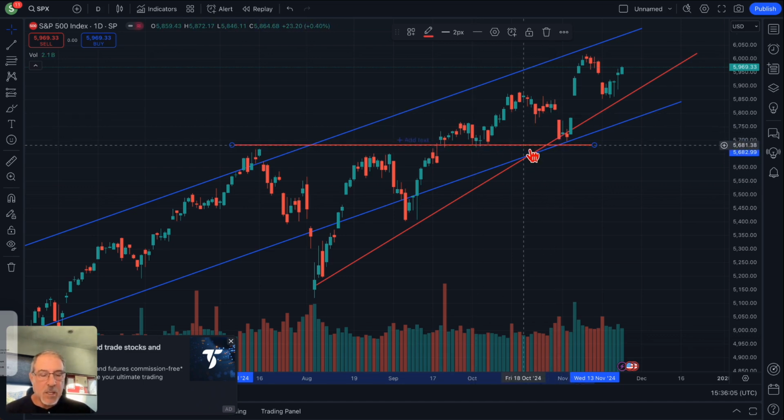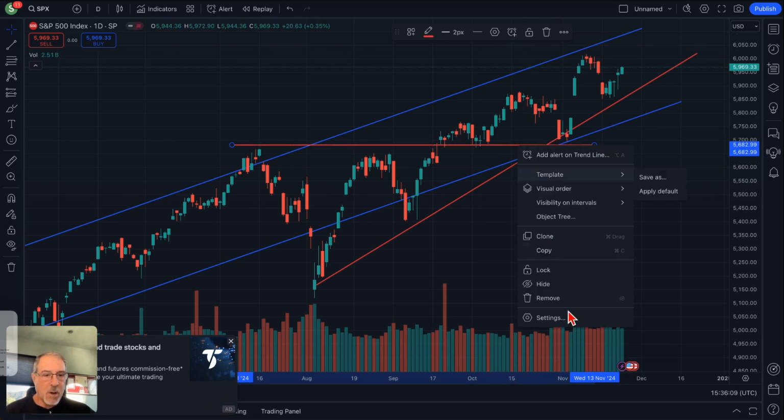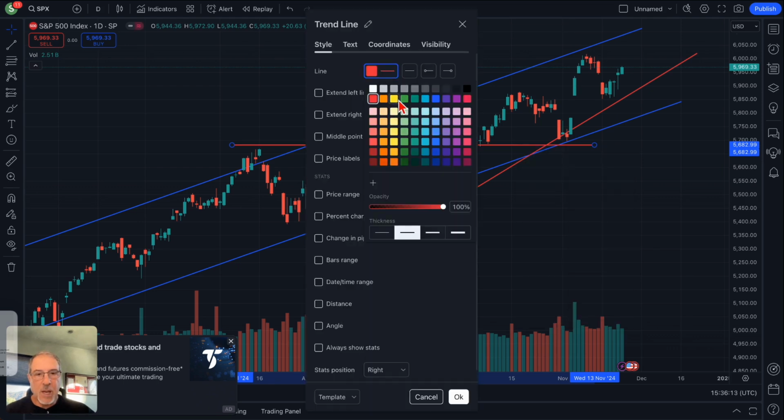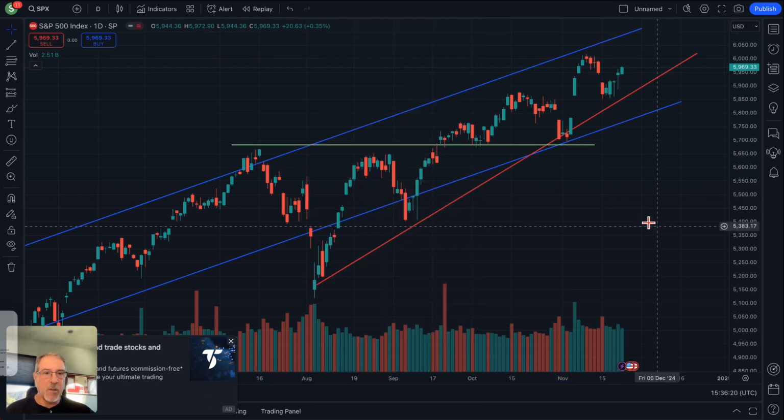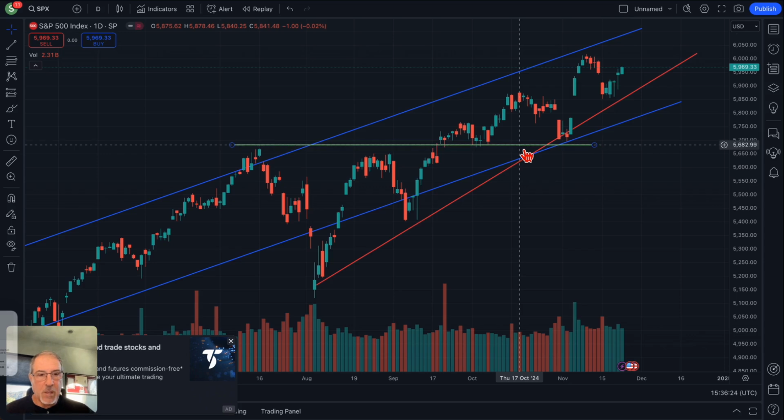Now I can make this line a different color. A lot of times I do these in yellow, or even a greenish hue, which for me means a go line. In other words, if we pull back to this point, that may be a point where we reverse and head higher again.